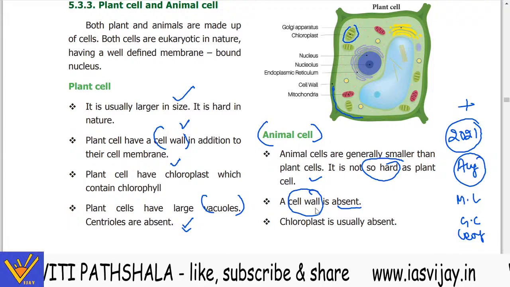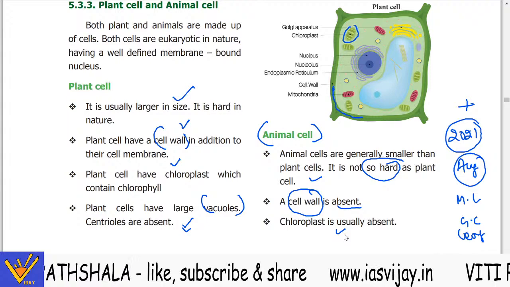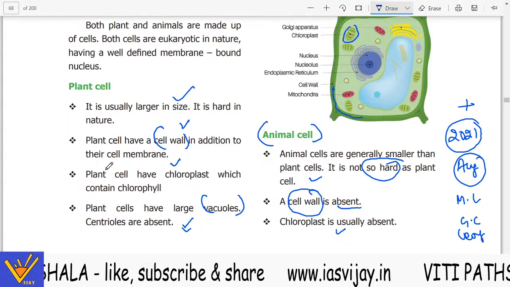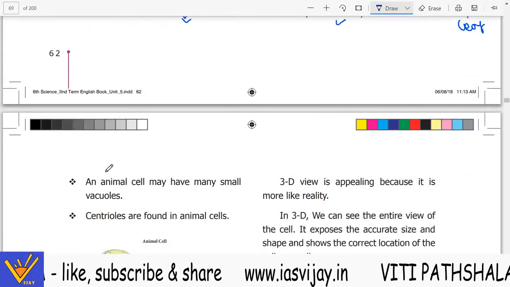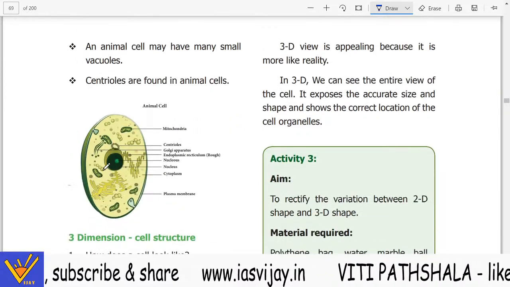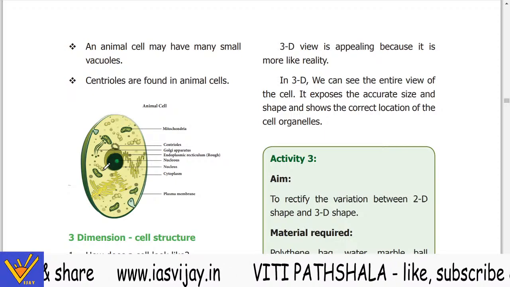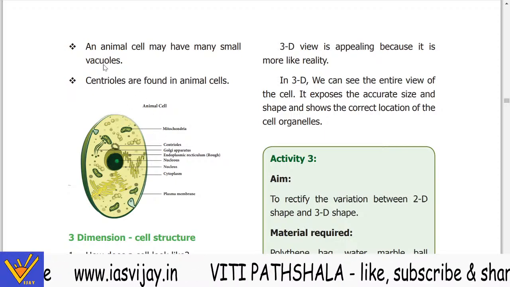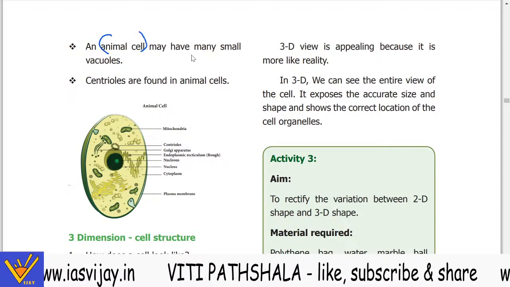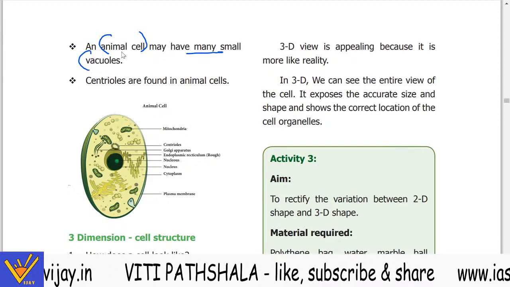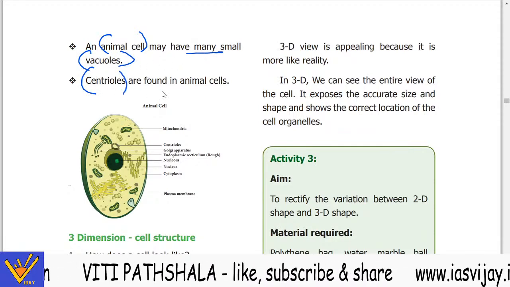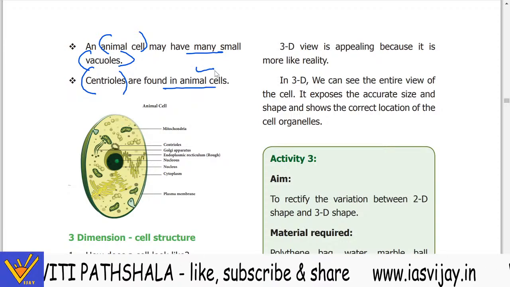The chloroplast is usually absent here. An animal cell may have many small vacuoles. Centrioles are found in the animal cells.